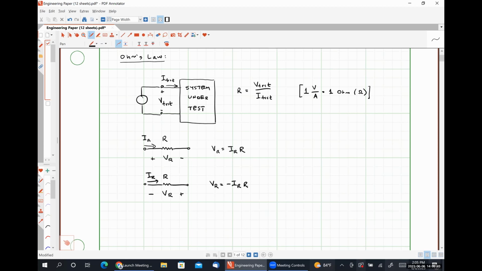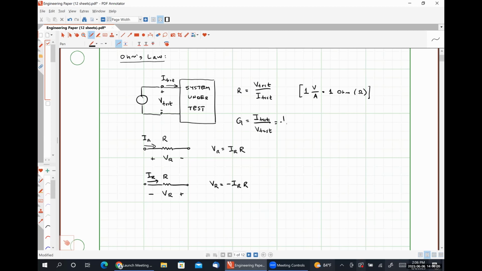We can actually develop a second constant of proportionality for this system under test as well. This is what's called the conductance G, and this is simply the ratio of the test current to the test voltage.